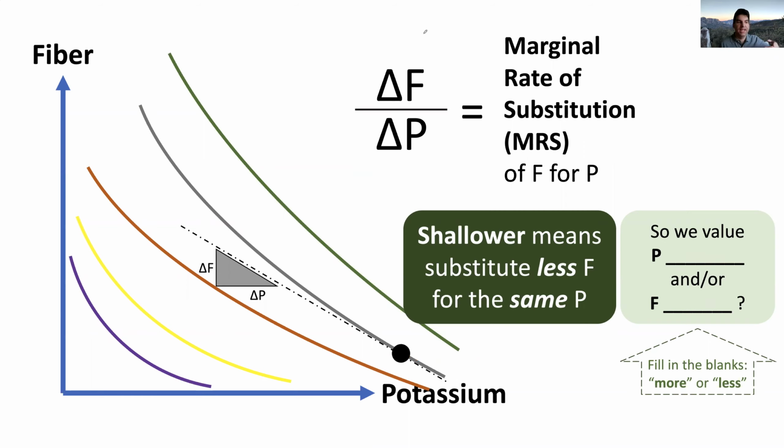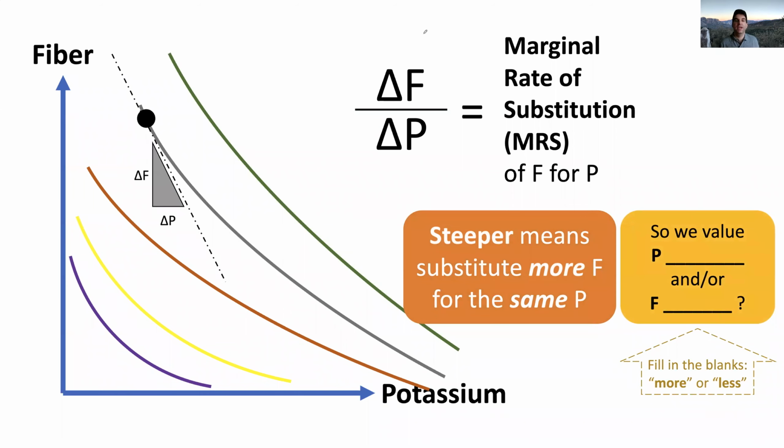Now, I can flip that and consider a steep slope on the other side of it. If this MRS is high, then that means that in order for me to give up a little potassium, I have to get a lot of fiber in return. And so that's what this steep slope is depicting: suddenly I value potassium a lot more.